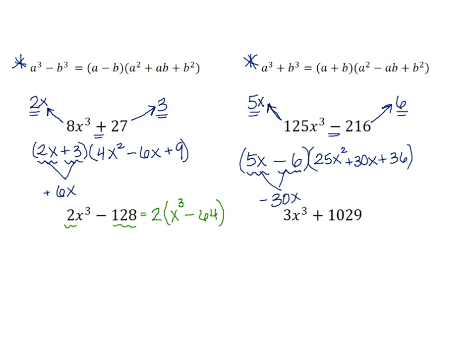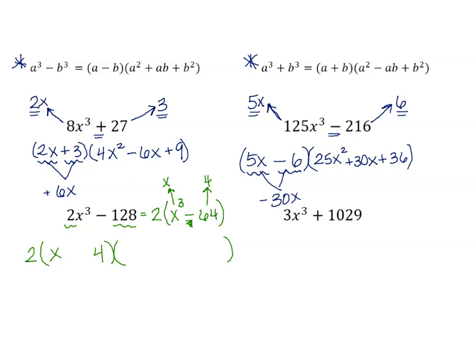So let's do it. I take a 2 out front. I just write it out front because I factored it out. Now I'm going to have my binomial and my trinomial. I'm going to use the cube root. The cube root of x cubed is x. The cube root of 64 is 4, so that gives me my x here and my 4 here.